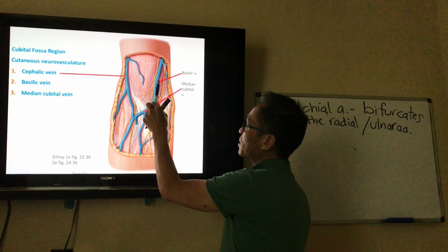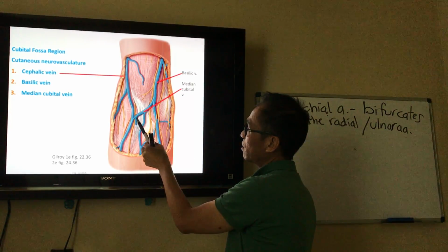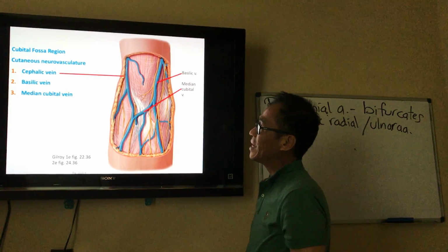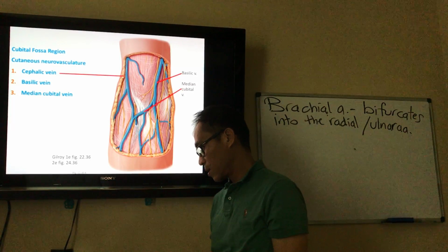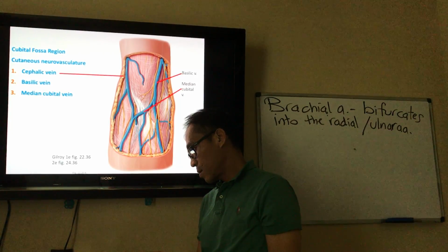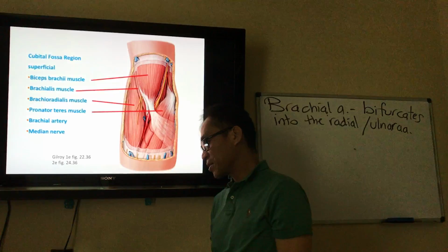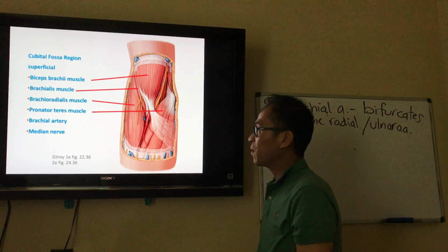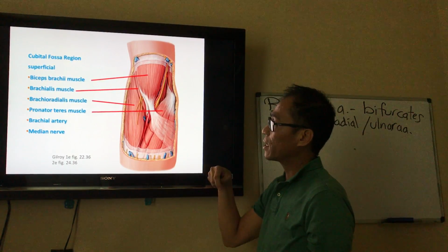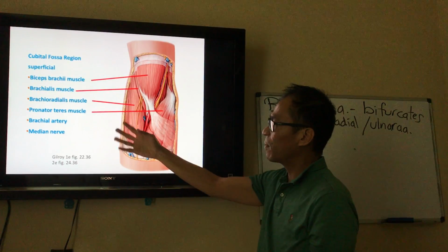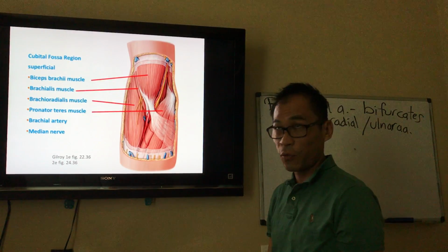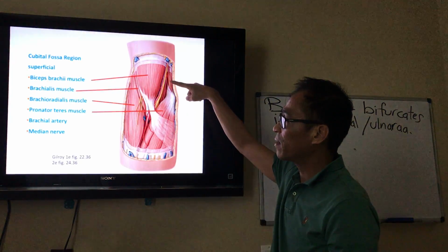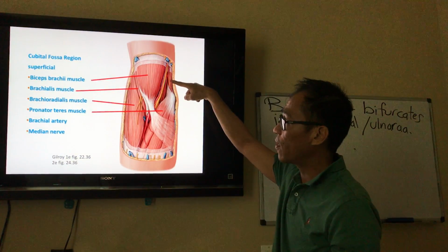Cephalic laterally, basilic more medial, and connecting the two, the median cubital vein. In this dissection, we can see a full view of the biceps brachii, and I'm pointing to different muscles that you should have studied in Biology 430. But you can see the artery that we're interested in is right there.